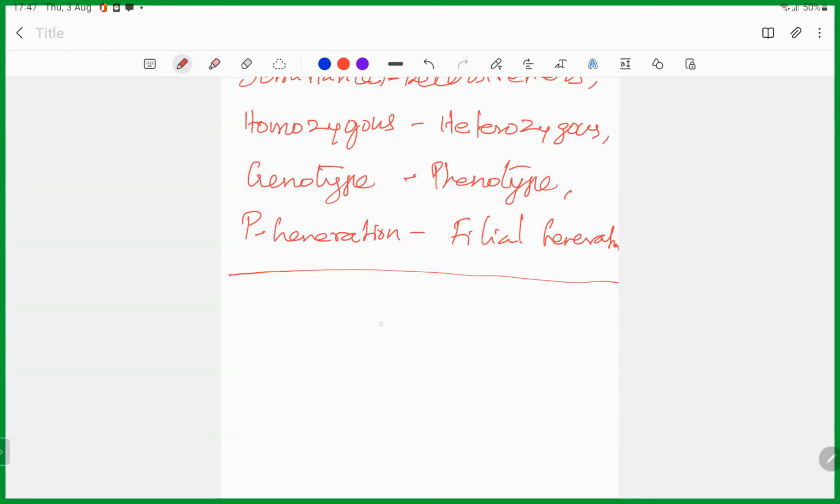See, the primordial germ cell has X, Y chromosome in a diploid cell.